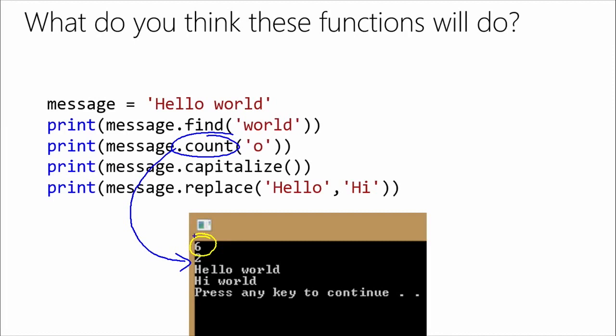Well, you're going to notice right up here, 1, 2, 3, 4, 5, and 6. So there were 6 characters before world. So it's telling us the number of characters that came before whatever it is that we tried to find.